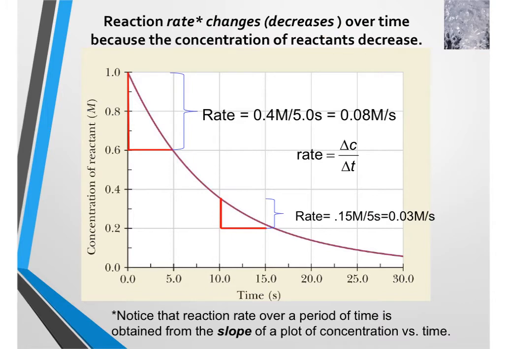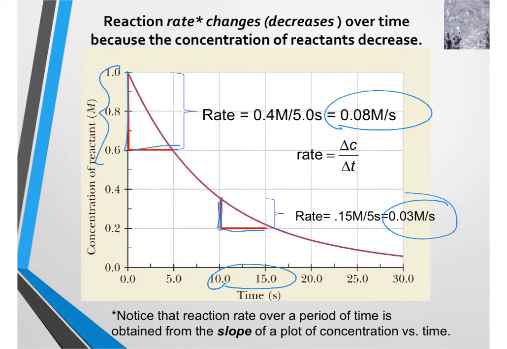So just so you can visualize the type of decrease in rate we might observe over time. Here's a reaction where early on, the rate is 0.08 molarity per second. And then later on, just a few seconds actually, look at how we don't get much change in Y for the same change in X, right?